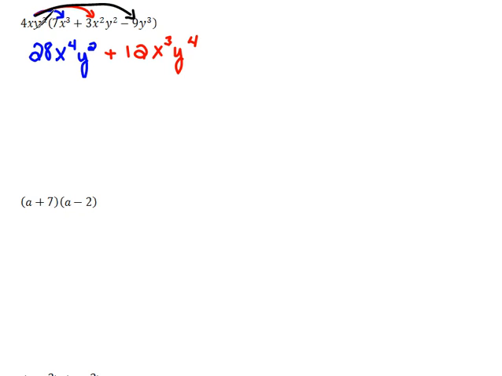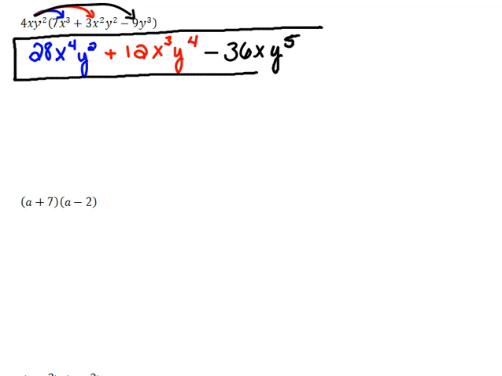So 4xy squared times negative 9y cubed would be negative 36x. And for the y's, we have to add the exponents again, so that would be y to the fifth power. So our final answer looks like this.